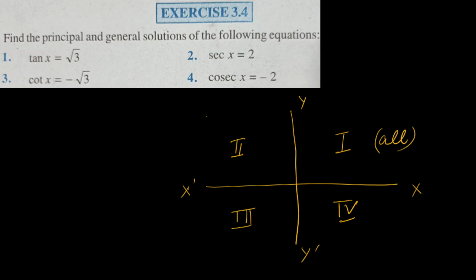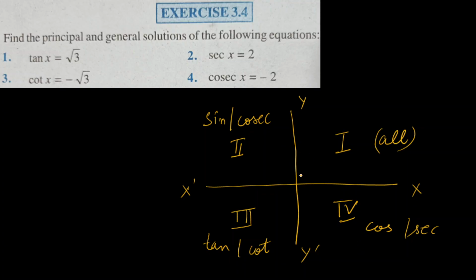In the second quadrant, sine and cosecant are positive. All others are negative. In the third quadrant, tan and cot are positive. The remaining four trigonometric functions are negative. In the fourth quadrant, cos and secant are positive. The remaining four trigonometric functions are negative.